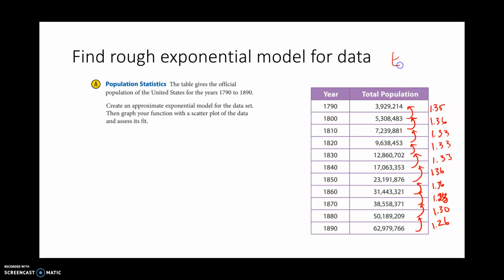So this looks like it's exponential data, and we want to write a model, something like a times some b to the x. This would be that multiplier. If we just added these up and averaged them, we'd come up with something like 1.32 for that b.